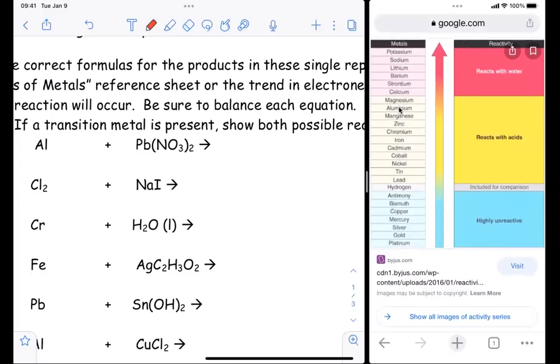So aluminum is higher than lead, which means it will replace it, which means you have aluminum, which is +3, and you have nitrate, which is -1. So the formula is going to be Al(NO3)3 and Pb by itself. And that will be a solid, obviously, because it's a metal. And the last thing you want to do is balance the equation.